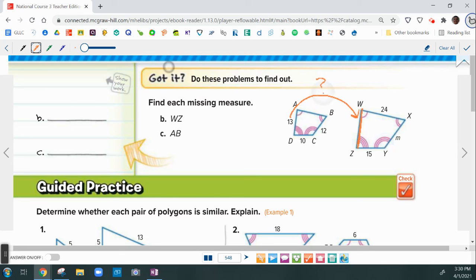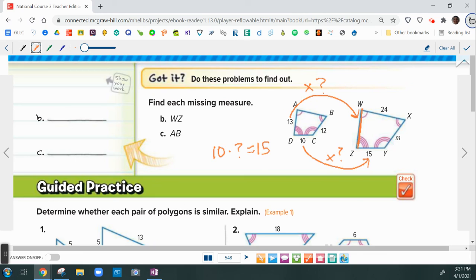We're wondering what will multiply by 13 to get to that number. So we have to wonder, well, what multiplies by this? 10 times what equals 15?